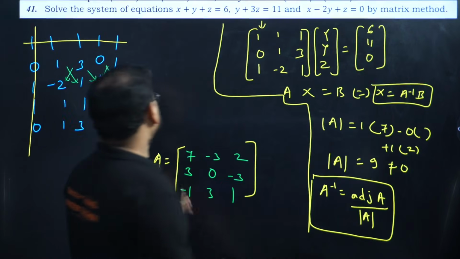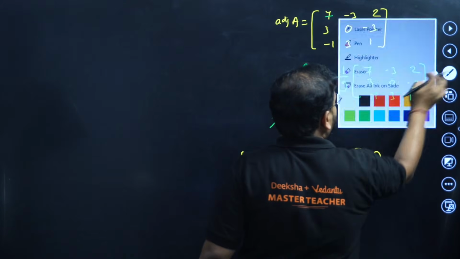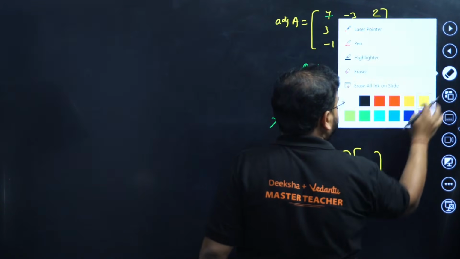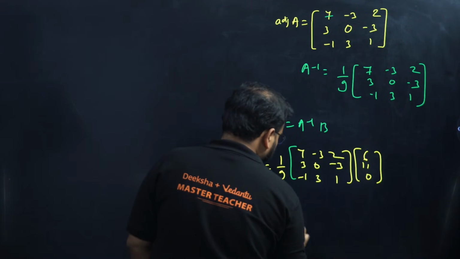Let me check. 6, 11, 0. My bad, 6, 11, 0. Now do the multiplication of matrices over here.